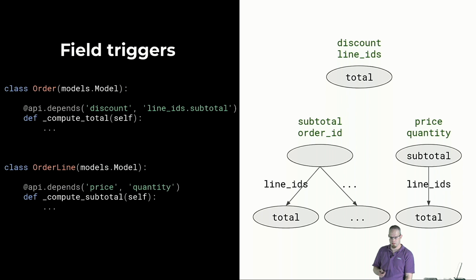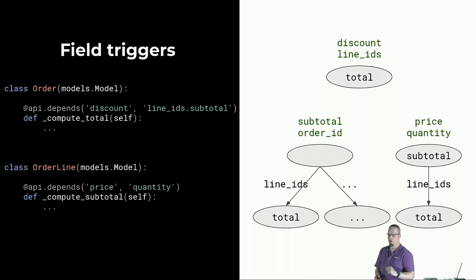In this case, for instance, if you touch the field discount, this is the topmost tree on the right-hand side. This is the tree which consists of a single node of the fields discount and line IDs. When you touch one of those fields, you have to mark total to be computed on the records that have been modified.